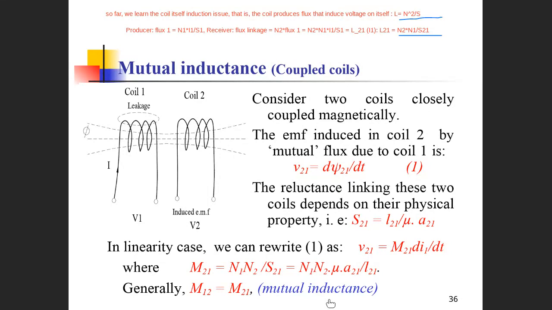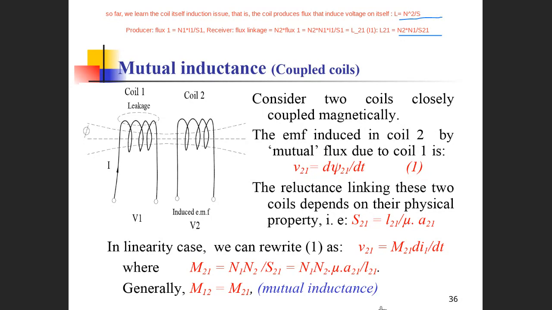So mutual inductance from 1 to 2 and from 2 to 1 is the same. Of course, right? How much from 1 to 2, how much from 2 to 1, the same. That's the mutual inductance of coupled coils, which will be taught in detail in the transformer part, because the transformer is based on mutual inductance.